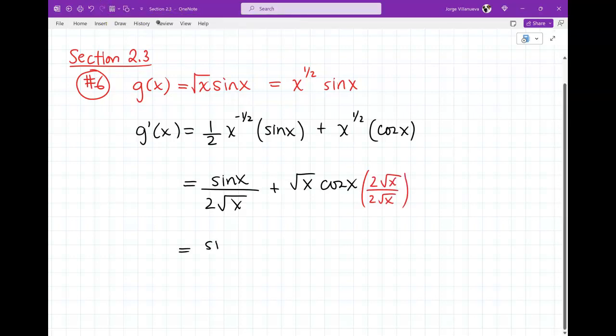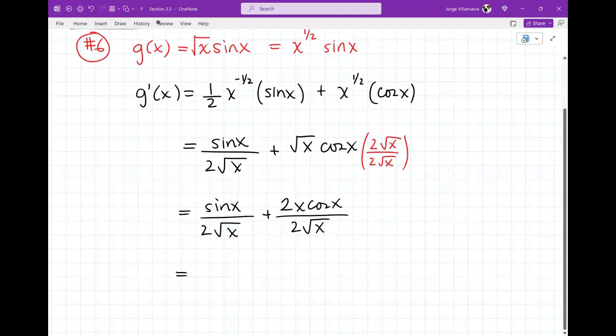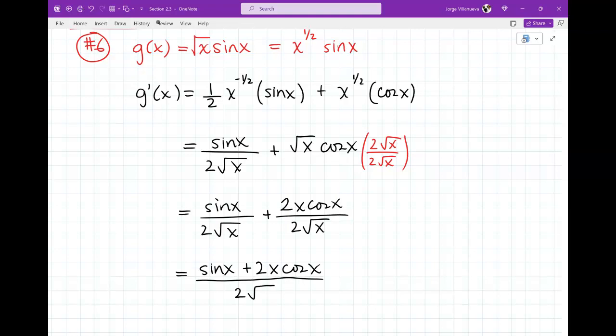So this will be sine of x over 2 radical x plus 2x cosine x over 2 radical x, which leads to, this is just algebra by the way, I'm not doing any crazy calculus right now, sine of x plus 2x cosine x over 2 radical x.